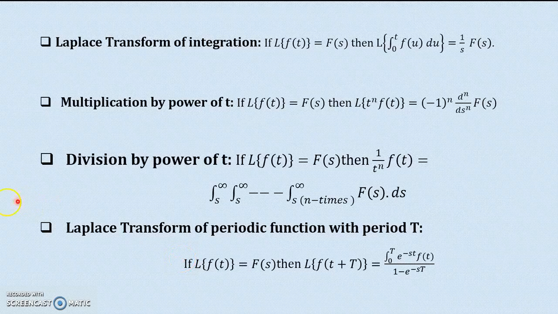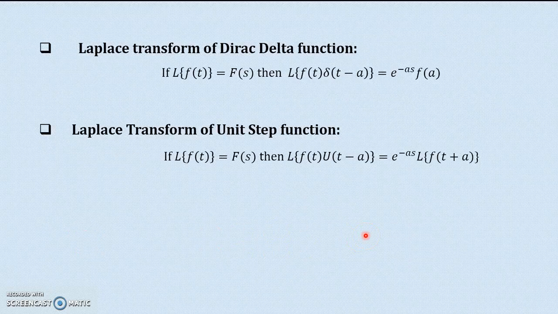In the next slide we see some more properties of a Laplace transform, like Laplace transform of a integration, multiplication by power of t, division by power of t, Laplace transform of a periodic function, Laplace transform of a Dirac delta function, Laplace transform of a unit step function, and so on.